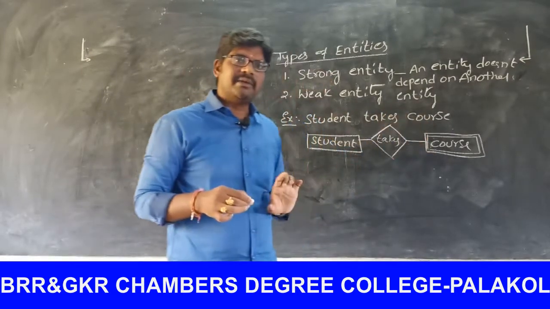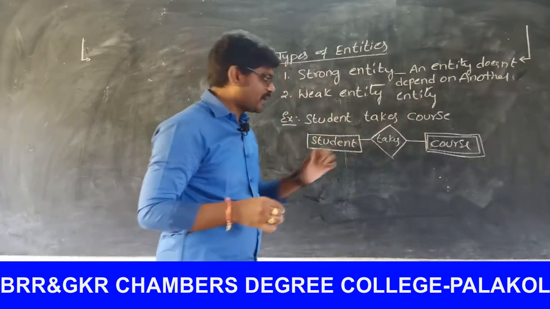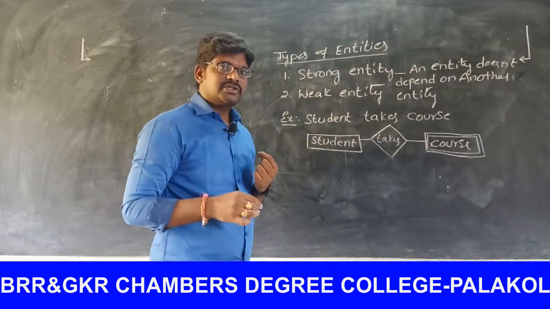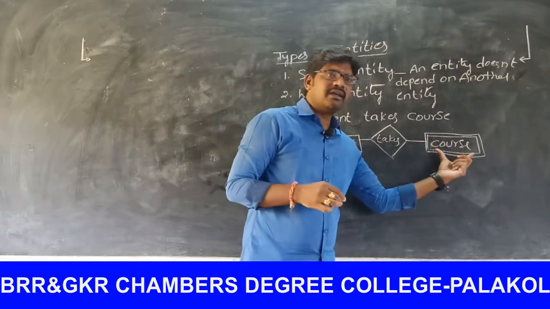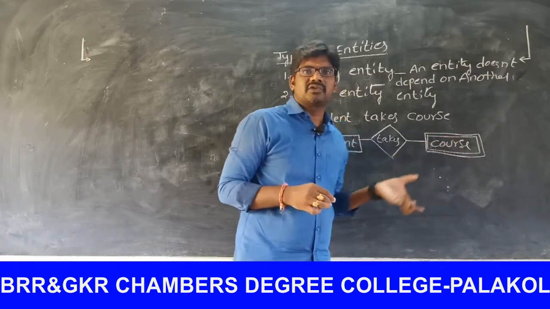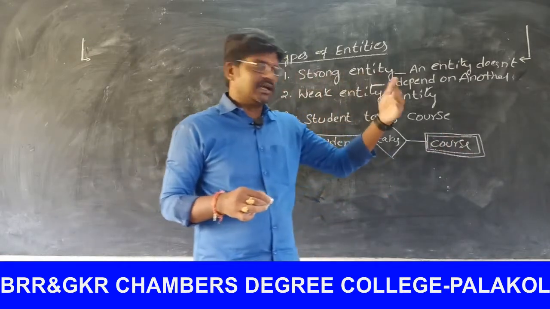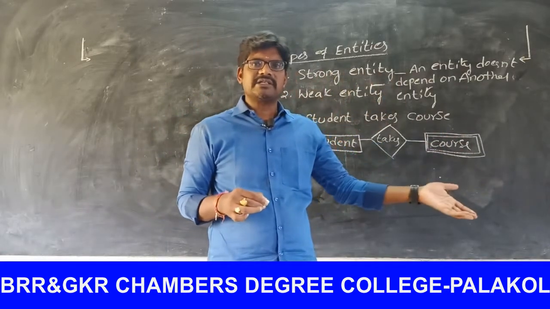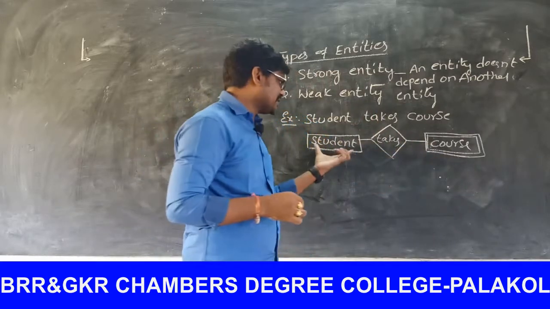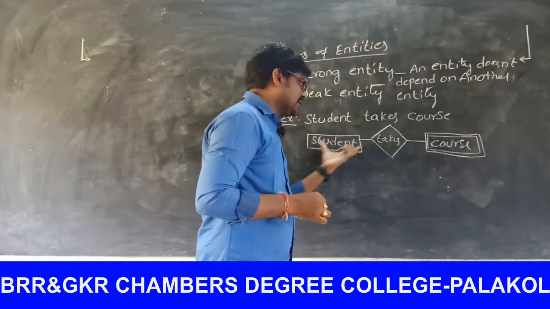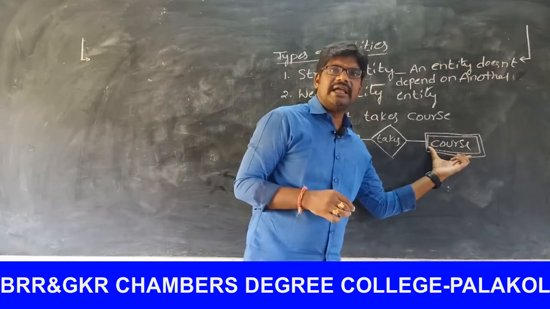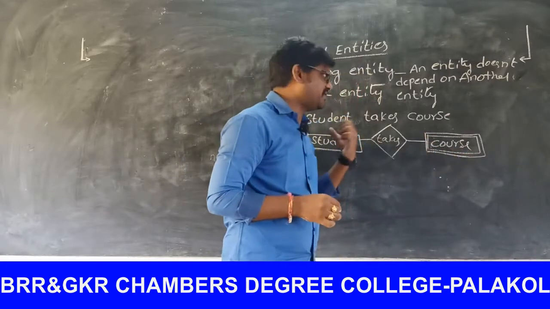Weak entity can be represented by the symbol double rectangle. Why do we take course as a weak entity? If you run any one of the course, the students may involve in that course. If the course having no students, then the course cannot be offered. So that's why the student is the strong entity here and the course is the weak entity.